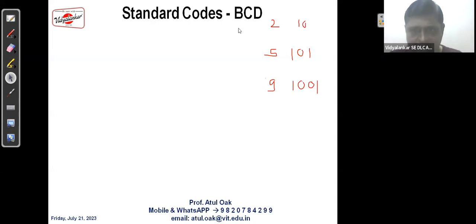So what is basically BCD? B for binary, C for coded, that means we are talking about some standard code. D for decimal, that means we use this for decimal numbers. BCD is a code we use only for decimal numbers. I repeat again, BCD is a standard code we use explicitly for decimal numbers.